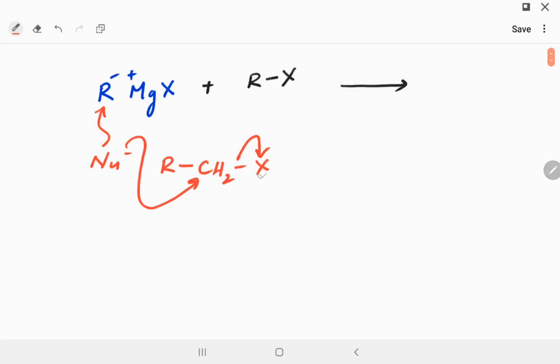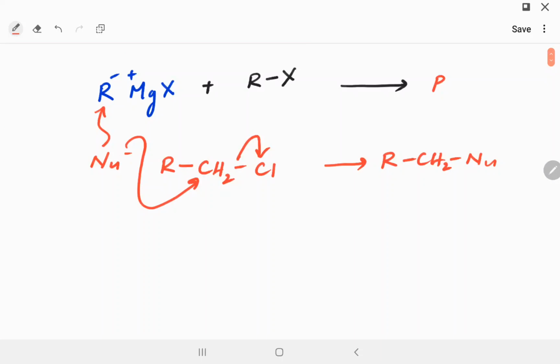So let's put this as a Cl. It will replace the halogen, and then what you get is something like this, R CH2 Nu.